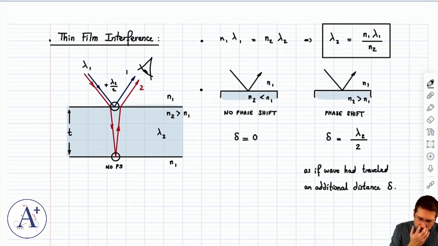Okay. So now that I've said that, we need to figure out the path length difference between ray number 1 and ray number 2. All right. Now, the path length difference between the two is going to be in part how much more distance did ray number 2 travel compared to ray number 1, but I need to incorporate my phase shifts when I have them.